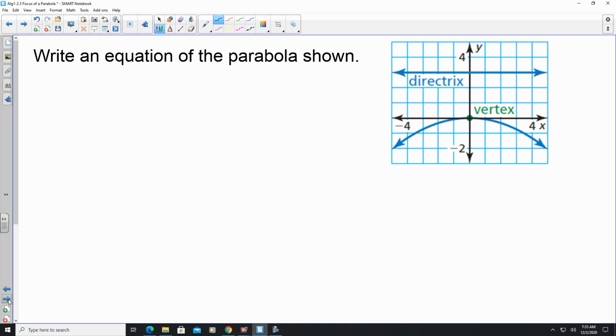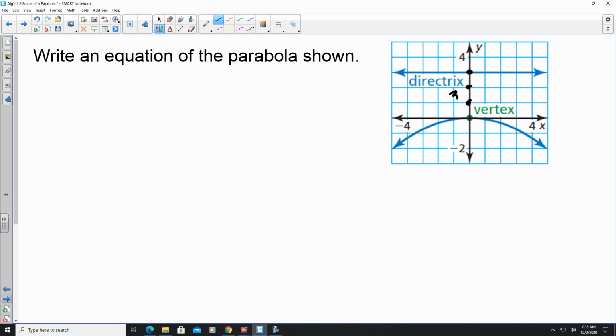So now here they want us to write an equation of the parabola shown. What they give us is the vertex, which is at the origin, which is great. And they give us a directrix. They don't give us anything else. My vertex and directrix distance is 1, 2, 3.